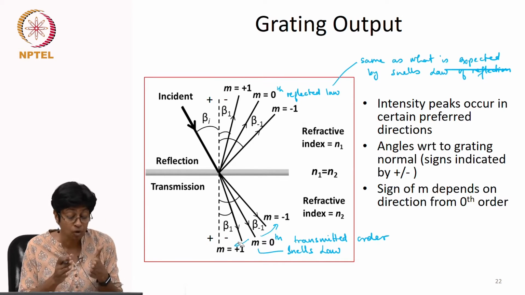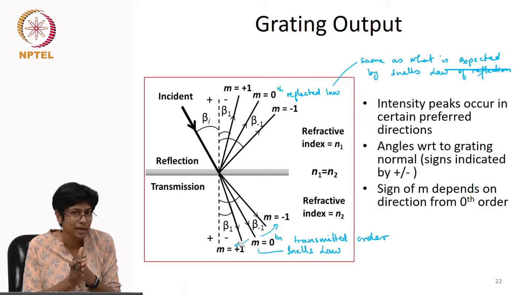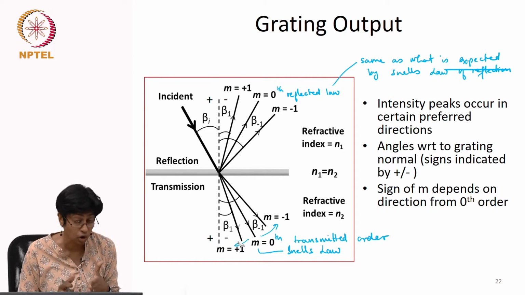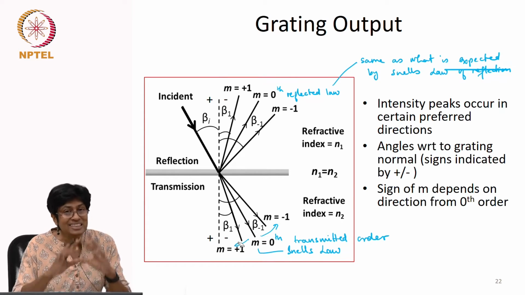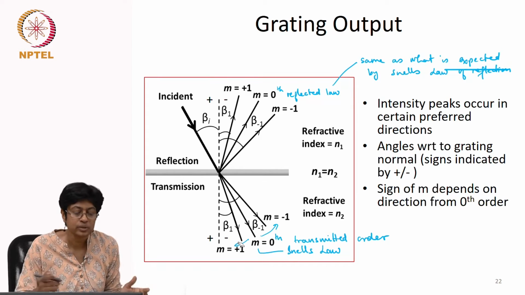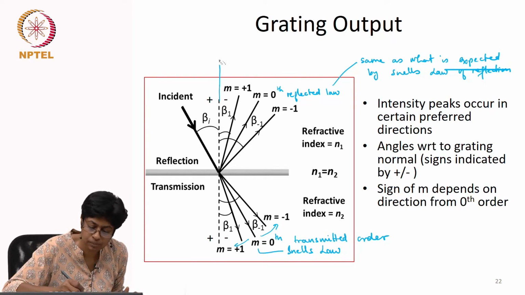So the order sign is determined by the location of the order with respect to the 0th order, and angles in general have their sign defined with respect to the grating normal.